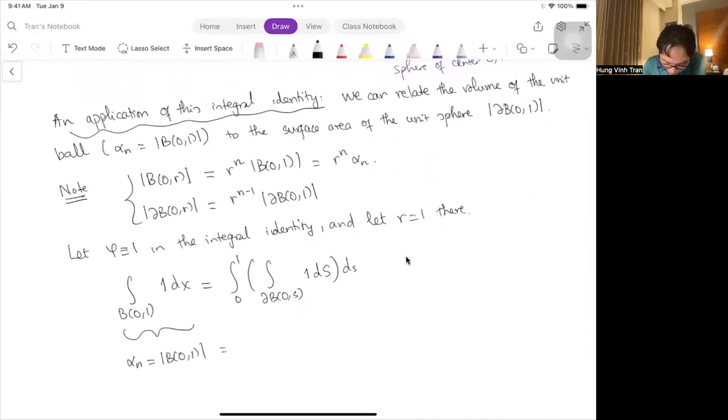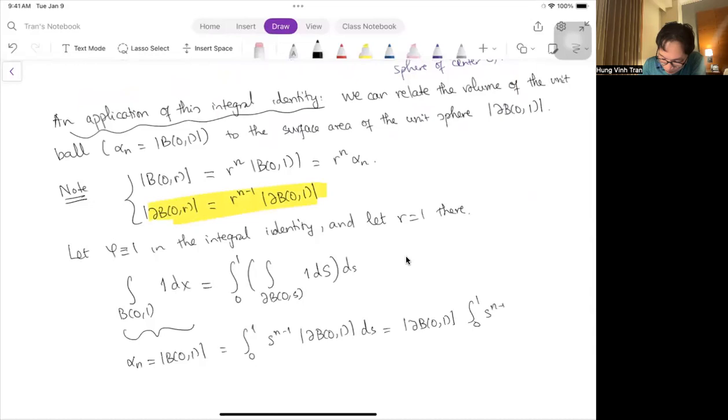For the second object, I'm using the above identity we just discussed. The sphere of radius s has surface area s^(n-1) times the surface area of the unit sphere, and the surface area of the unit sphere is just a constant, so I pull it out.